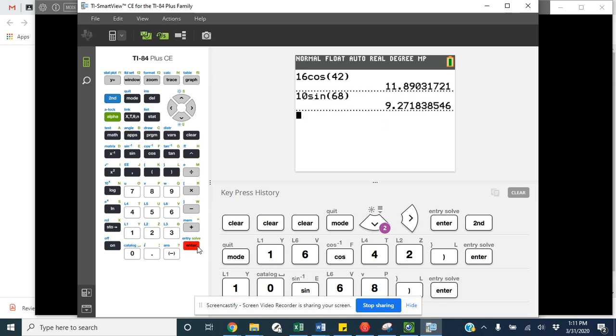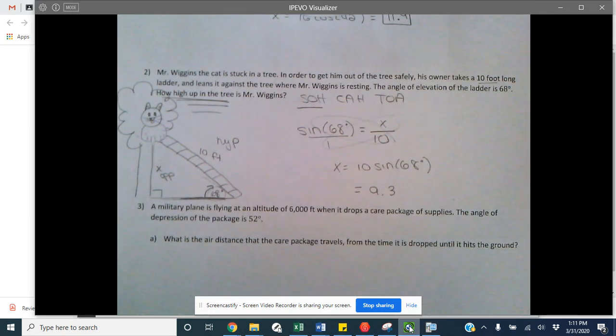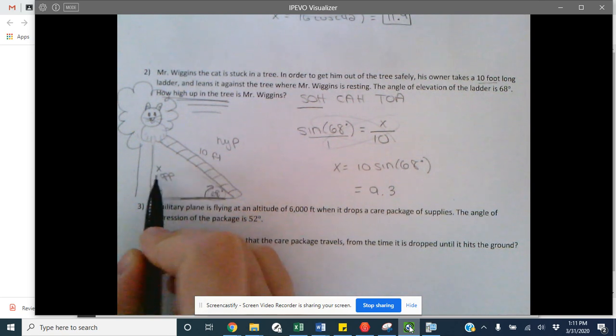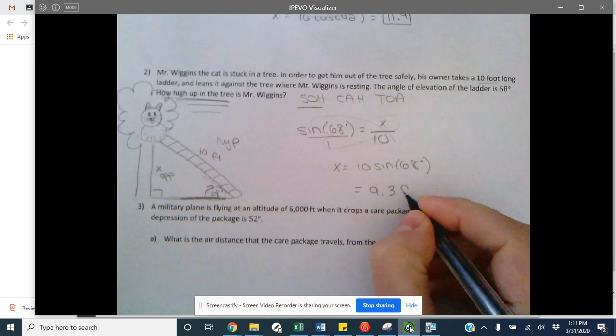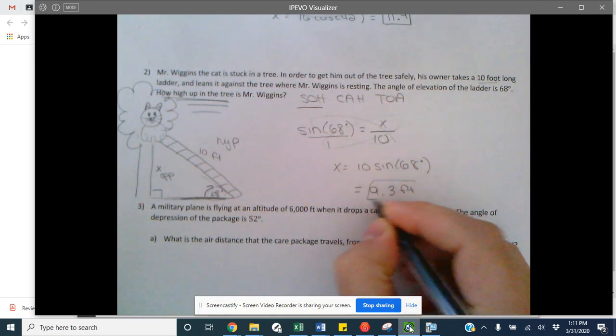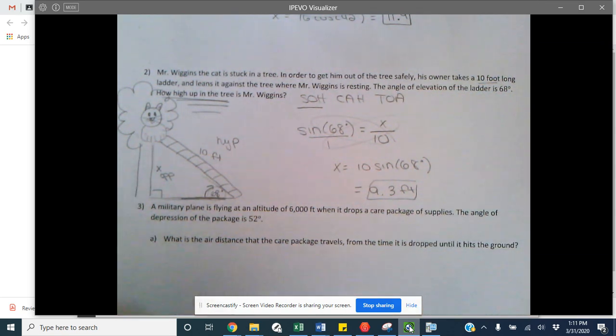And we get 9.27. Rounding to one decimal place, that'll be 9.3. Now this time, we do have units designated in our problem. This was 10 feet, so this is also feet, so 9.3 feet. So that means Mr. Wiggins is 9.3 feet up in the air.